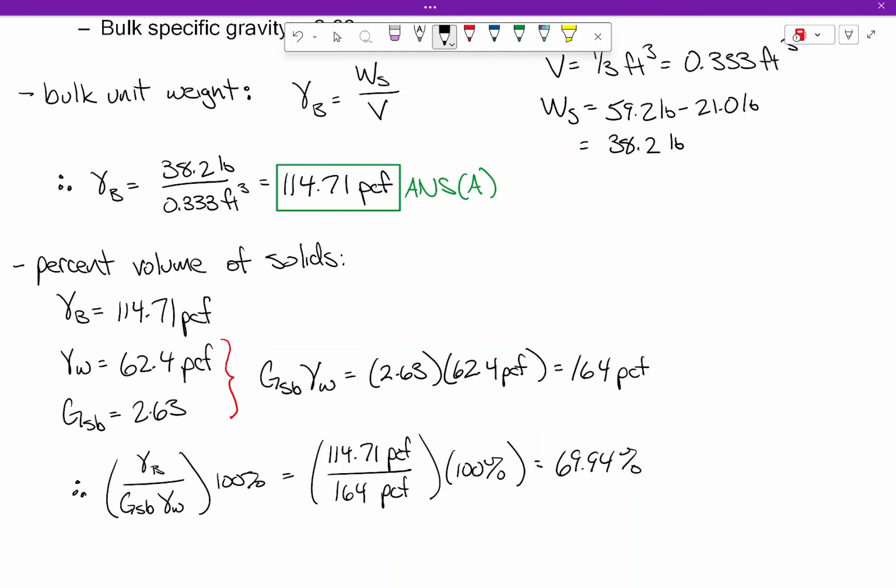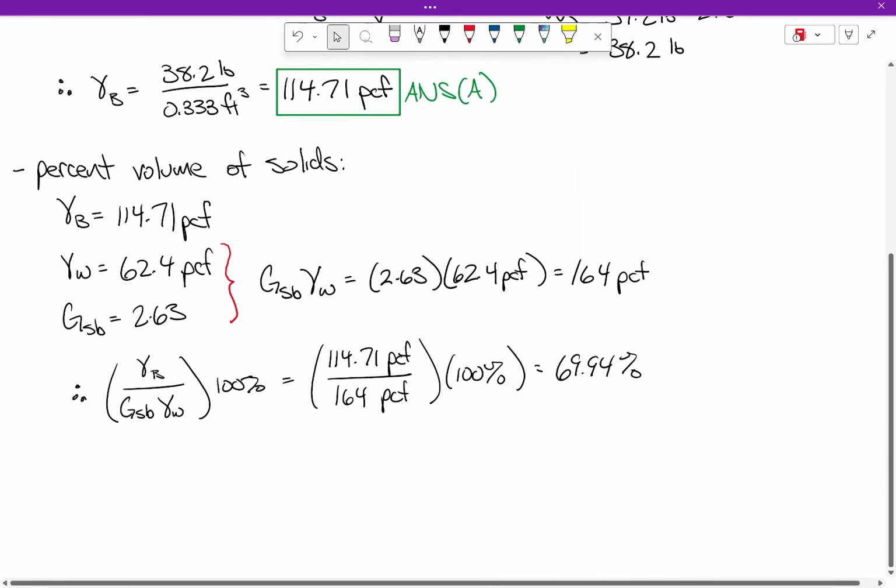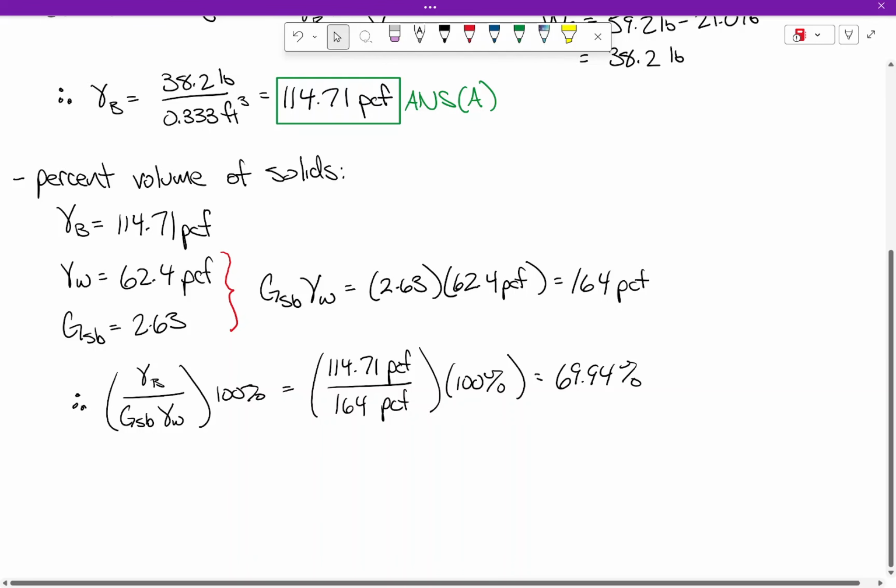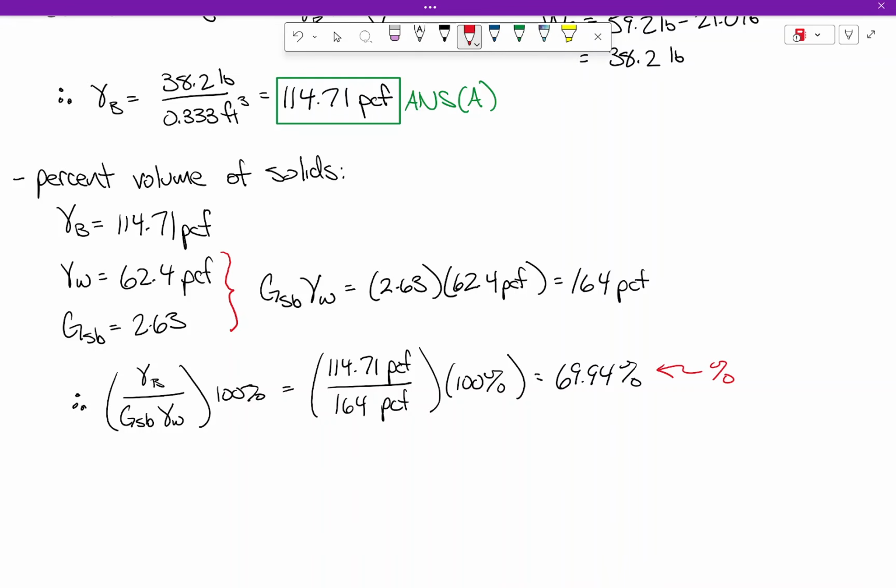How do we get that? 100 minus that. So this term is the percent volume solids. Therefore, the percent volume voids is just 100 minus that. Does that make sense? So this is going to be 30.06. Did I get that right?